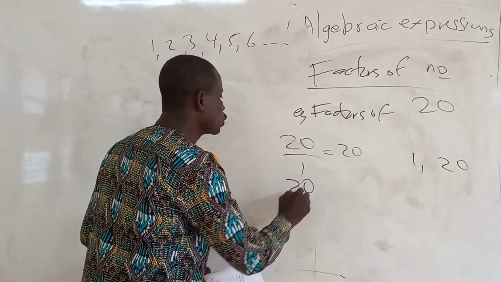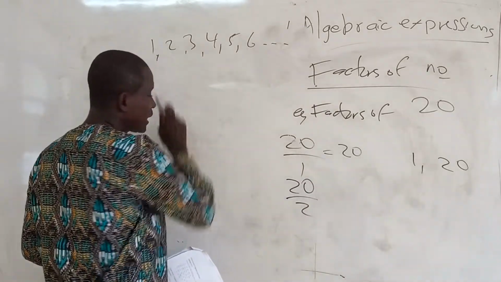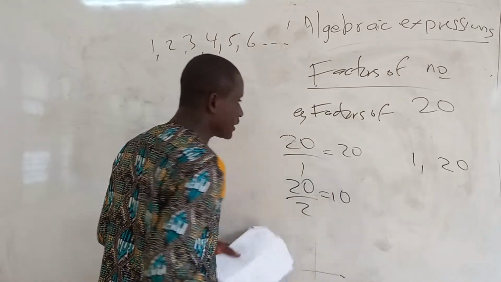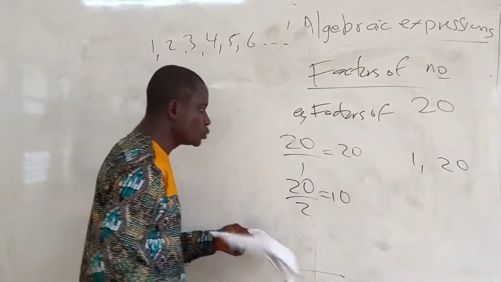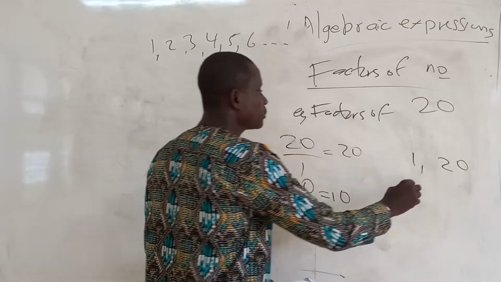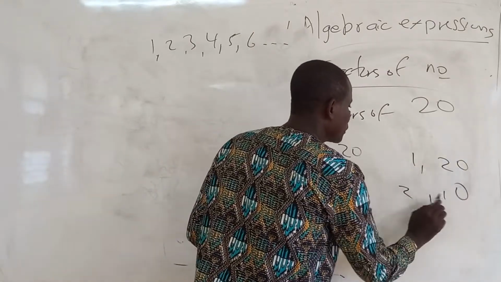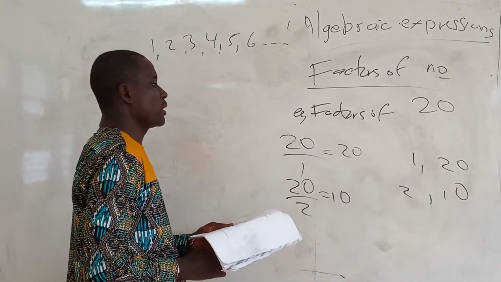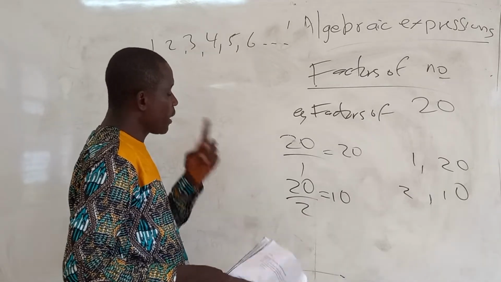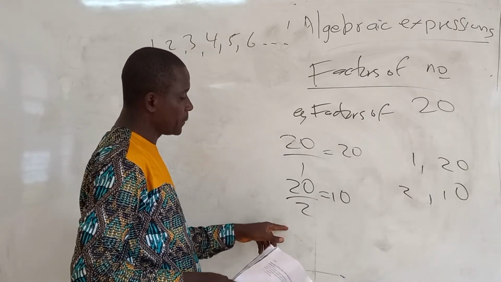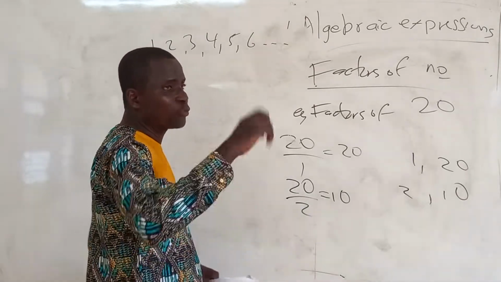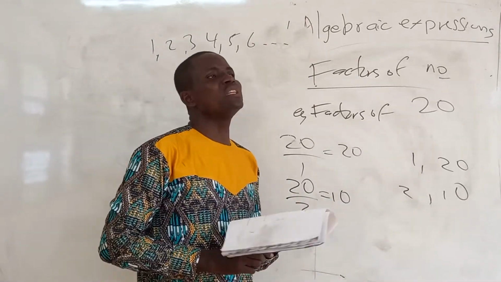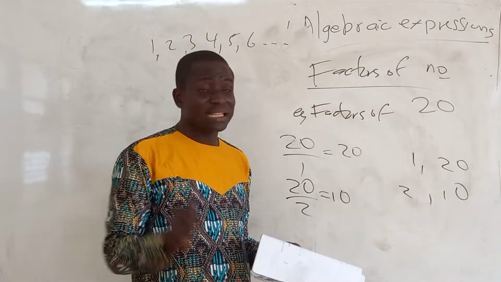You want to look at the next set of factors. I will just write again 20 over 2, and that gives me 10. Carefully observe this. So I write this 2, and I write my 10. Now, if I go to 20 over 3, then we remember it will be 6.666. So any number that when you divide and there is a decimal, that number is not a factor.